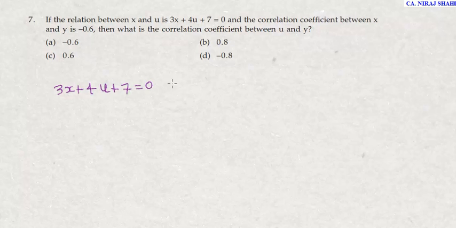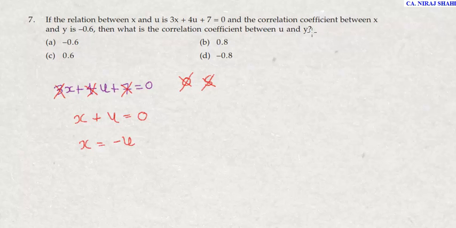Now as the correlation is free from change in origin and free from change in scale, we can forget about this plus 3, we can forget about this 4 and also about this 7. So now the relation of x and u is just x plus u is equal to 0. So we can also say x is equal to minus u.